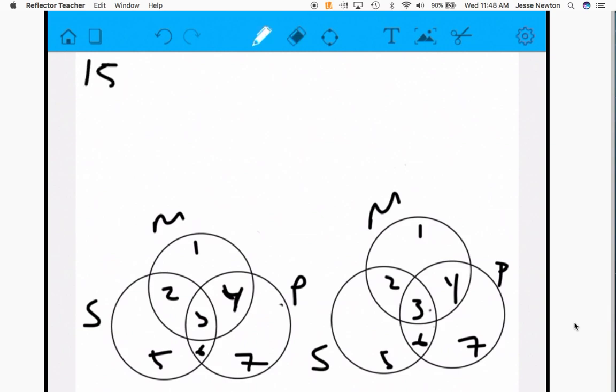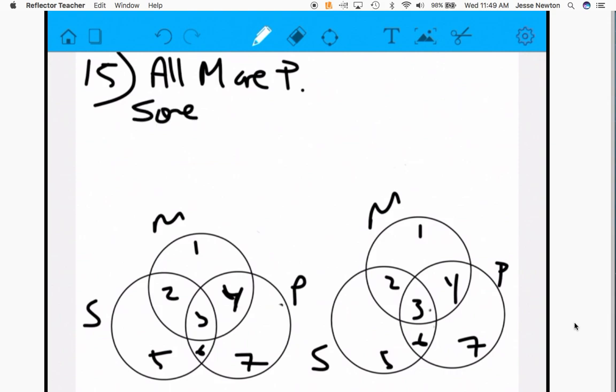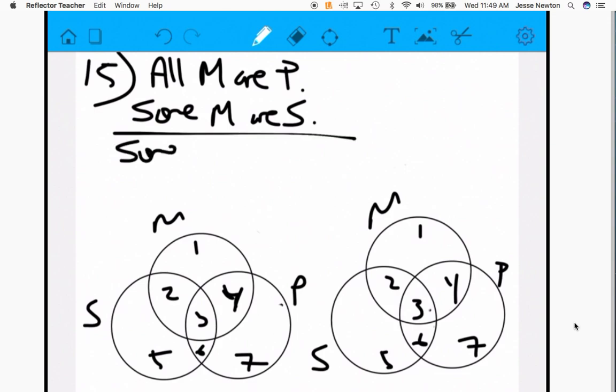Number 15. All M are P, some M are S, some S are P. And the mood of this argument is AII, and the figure is figure 3.